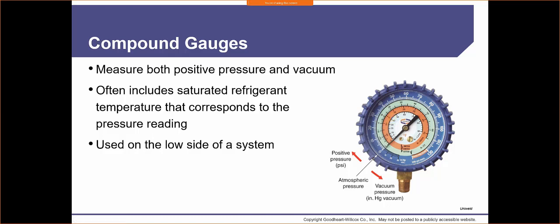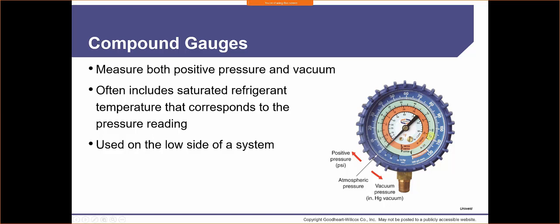I don't know what my mystery refrigerant is, but according to, let's just say 134A, I should be reading almost 70 psi. If I hook up my tank and it's 70 degrees and I'm not reading 70 psi, well then I may have something else. I may actually have R22. If I had R22 and I'm reading 70 psi, I should be right around 110. So that's a quick little trick to determine what type of refrigerant you have in a system.